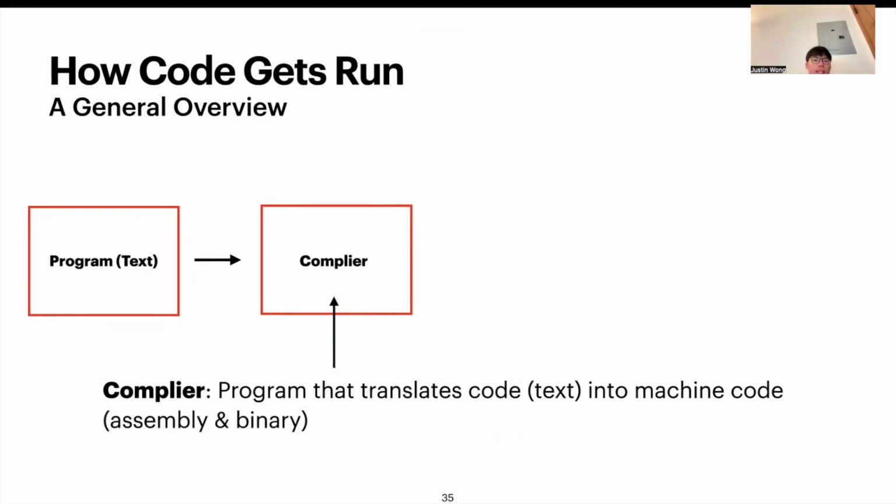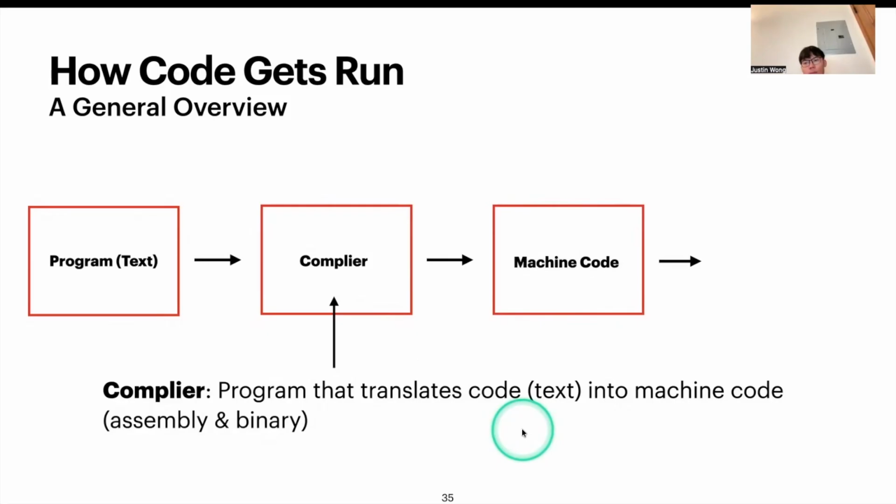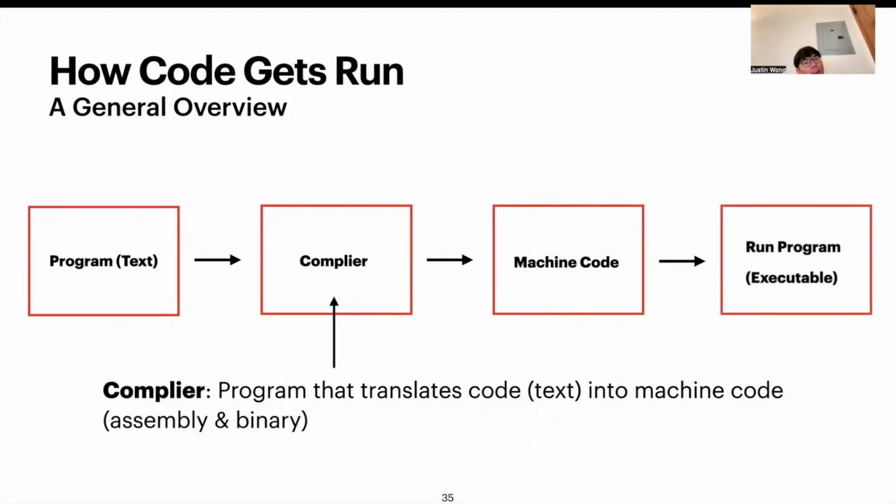A compiler is a program that translates code, which is text, into machine code, assembly, or binary. Usually it converts this code into a more low-level language like assembly. Afterwards, it gets translated into machine code, which is binary, ones and zeros that your computer can actually understand and run on your CPU. After all of that, you get back an executable where you can actually run the program on your computer.